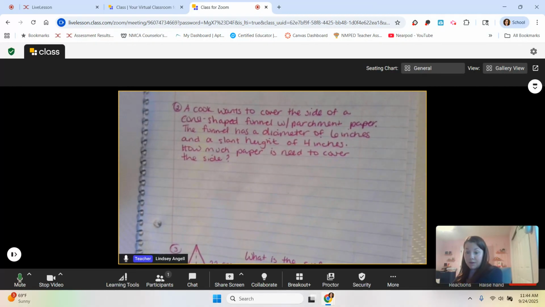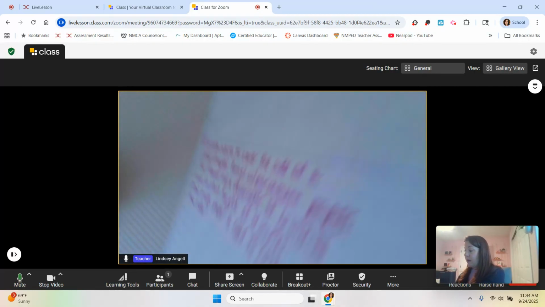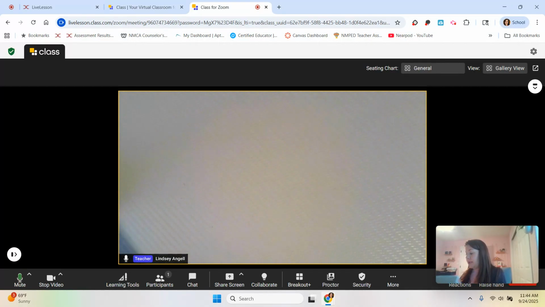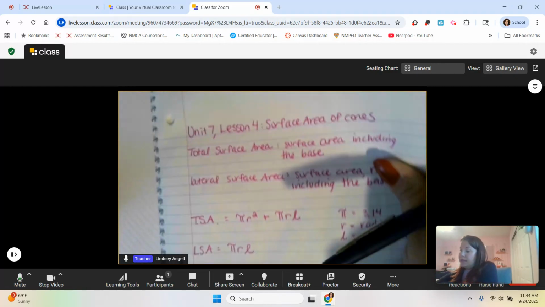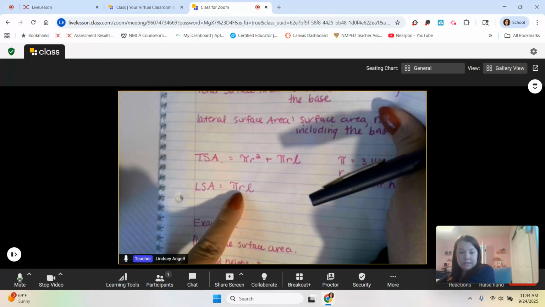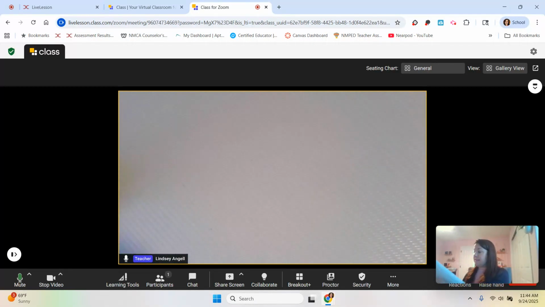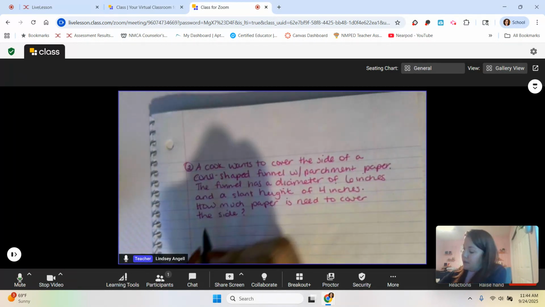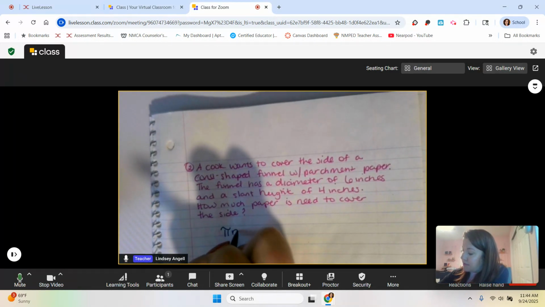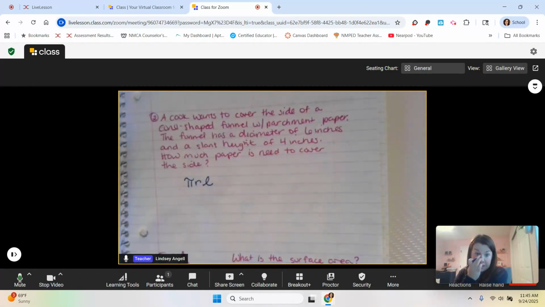So this is one of those cases where all we need is the lateral surface area. Okay, so pi times the radius times the slant height.